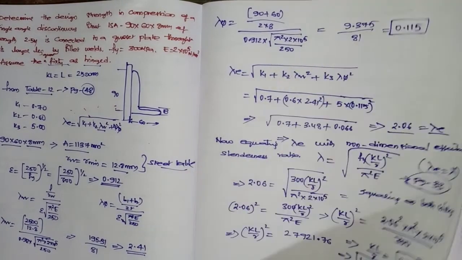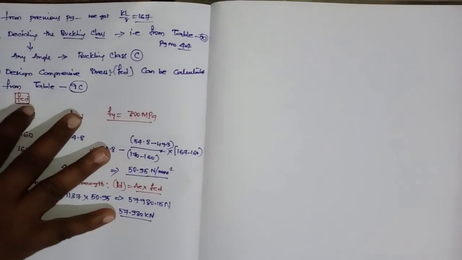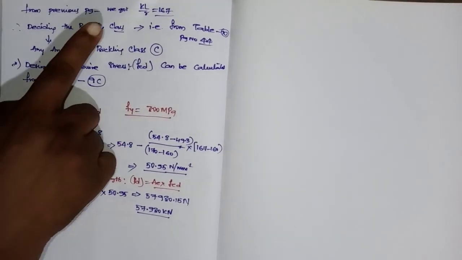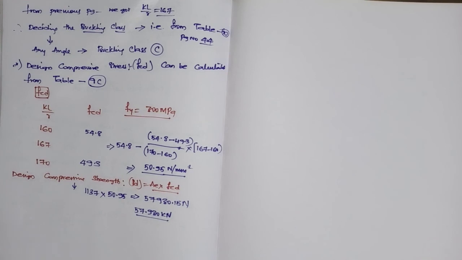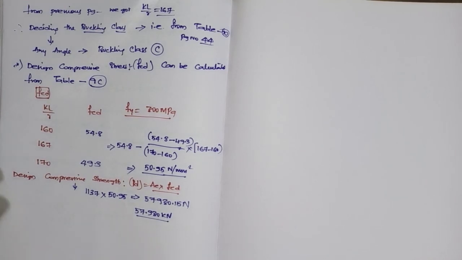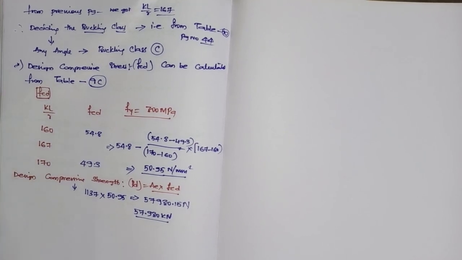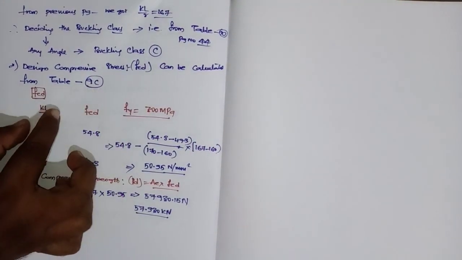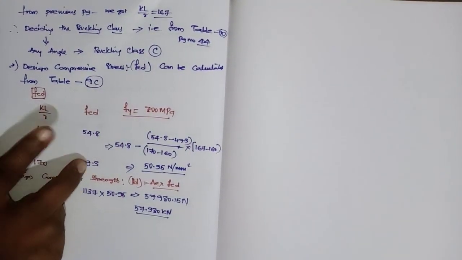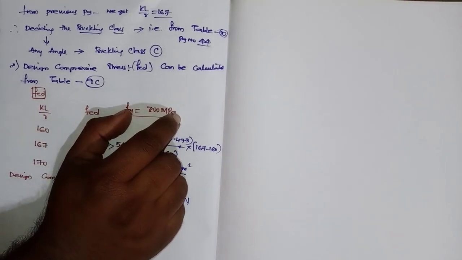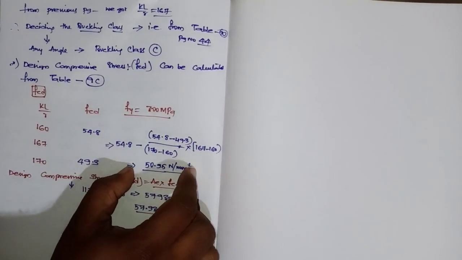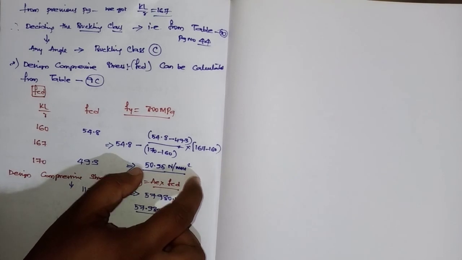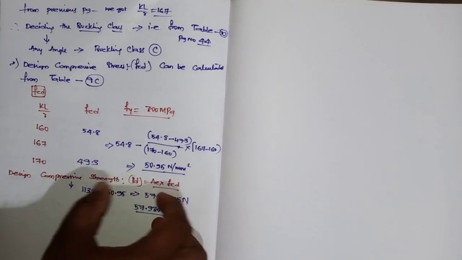Later we visited table number 9C particularly, because as per table 10, any section, whether a built up section or a channel or an angle, is buckling class C. So for that reason, from 9C you calculated FCD based upon the KL by R values for a particular fy. By interpolation you got this, and multiplying that FCD value with the area, you got the design strength.